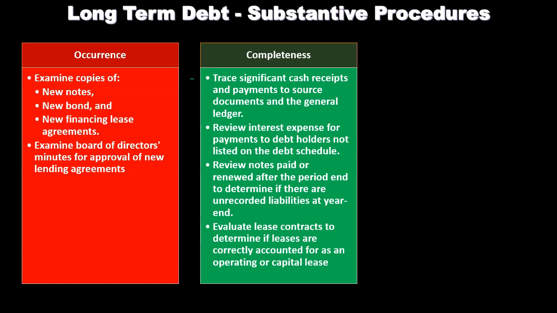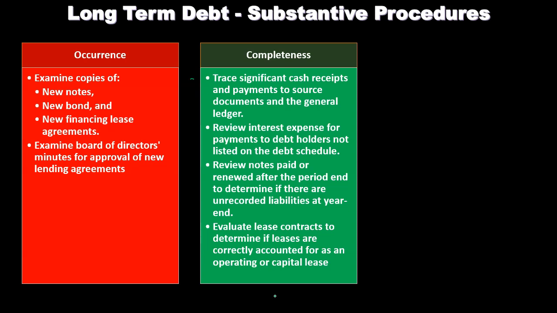Then we'll evaluate lease contracts to determine if leases are correctly accounted for as an operating or capital lease. So you'll recall when we have leasing contracts, that's one of the more complex issues with regards to long-term liabilities, because it's possible to format a contract in the format of a lease, but in substance it being a purchase or a loan in some way, and therefore we need to determine that and see if there are any items that should be recorded as capital leases and therefore have the related long-term liability on the books, as opposed to the operating lease where we would be expensing the leases as we go.